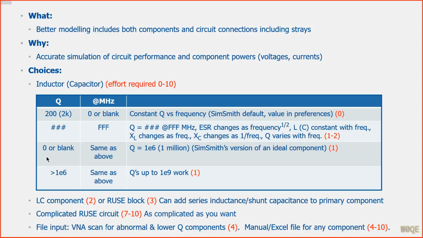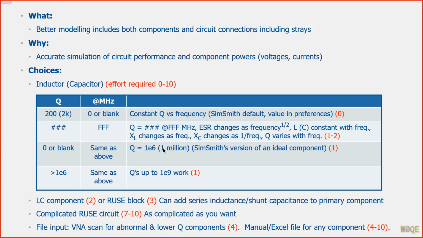Then we can go on here to leaving the Q field blank or putting a 0 in it. If we do that, the megahertz still works the same way the field does. It means we start with a Q of 1,000,000 and either remain constant if it's a 0 here, or it varies with the ESR increasing as the square root of frequency.